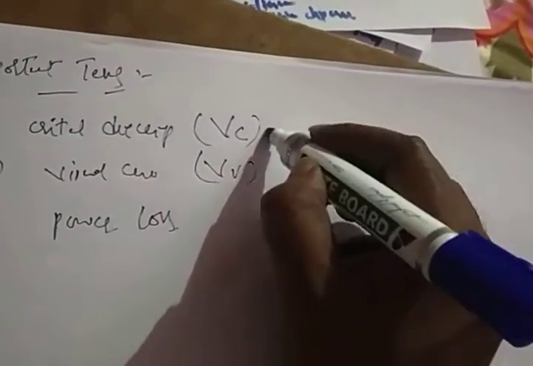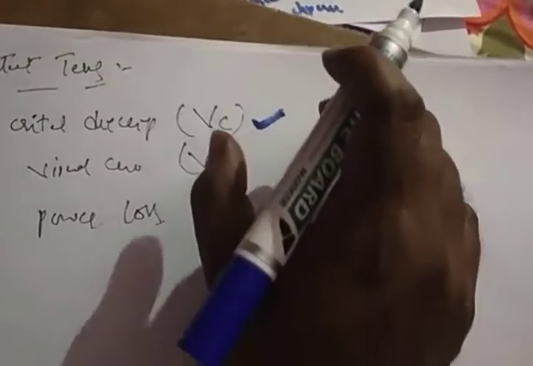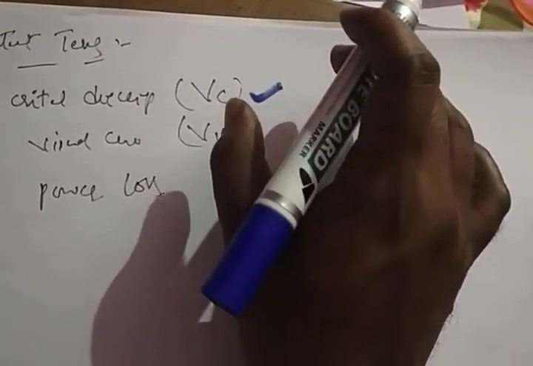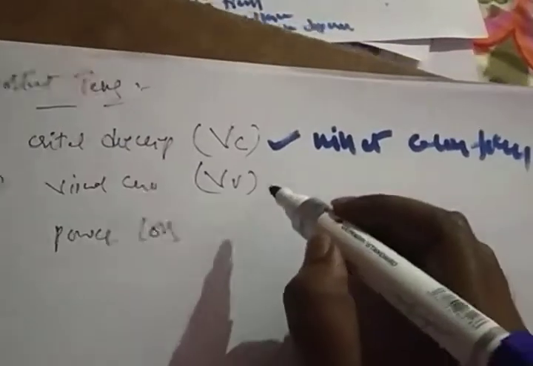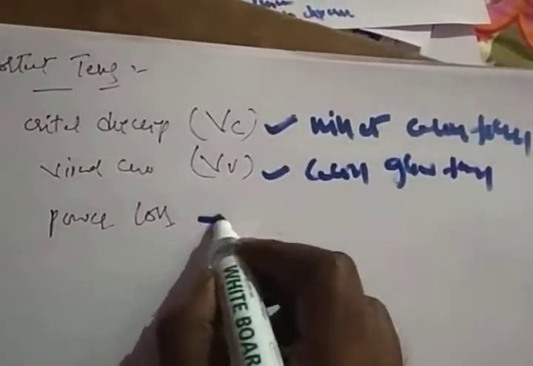I don't want to discuss the formulas here. What is the critical disruptive voltage? That means the minimum voltage at which the corona forms. What is the visual critical voltage? The minimum voltage at which the corona glow will form. What is the power loss?